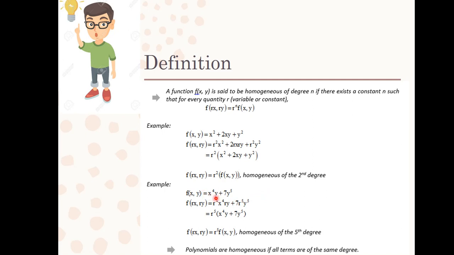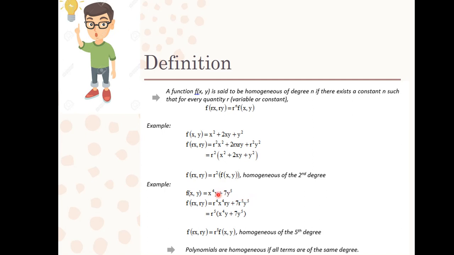So in our example, it's 4 for the x, 1 for the y. So that would be a 5. And the second term, it's 5 for the y only. So both terms have the same sum of exponents for the variables. That is the case, our function is homogeneous of degree 5 because that is the sum of the exponents of the variable in the first term, and that is the exponent of your variable in the second term.